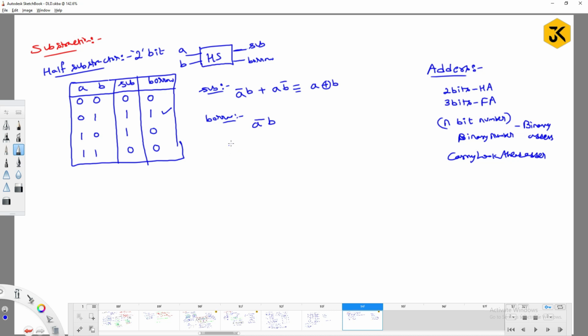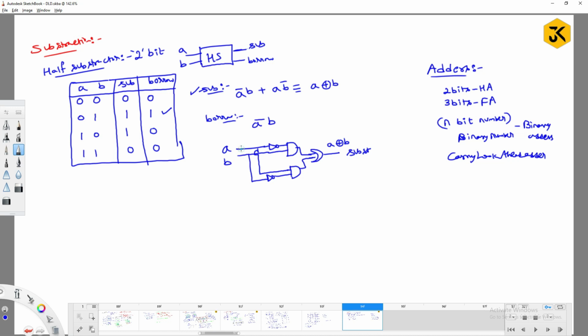For example, I construct it for the subtraction first. I give the inputs A and B. First I make the complement of A, then perform an AND operation with B. Similarly for B, I make the complement and perform an AND operation with A, then perform an OR operation over these. This is A XOR B, so the subtraction result is what you get.